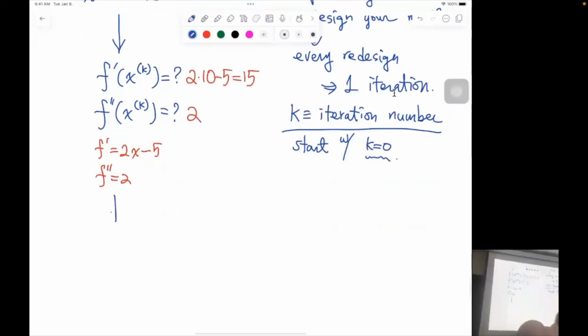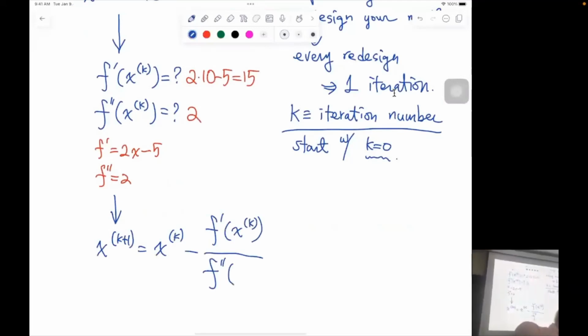In Newton's method, there's an equation. x(k+1) equals x(k) minus f prime of x(k) over f double prime of x(k). Newton's method asks you to solve for this and use this new number to update the next design variable.